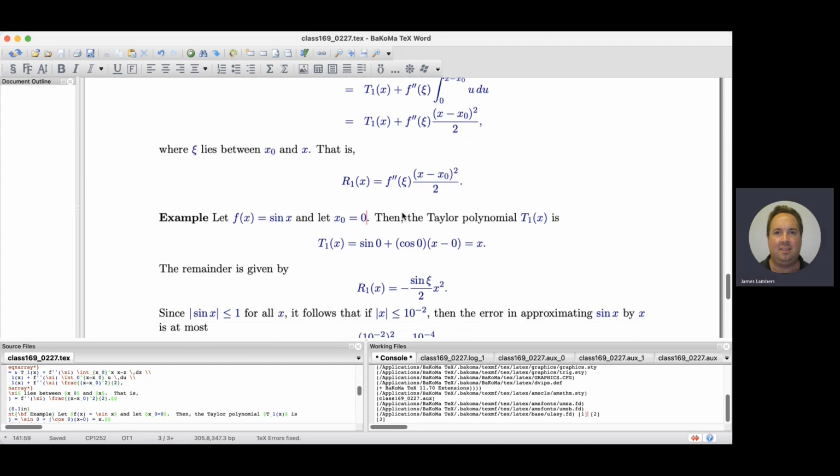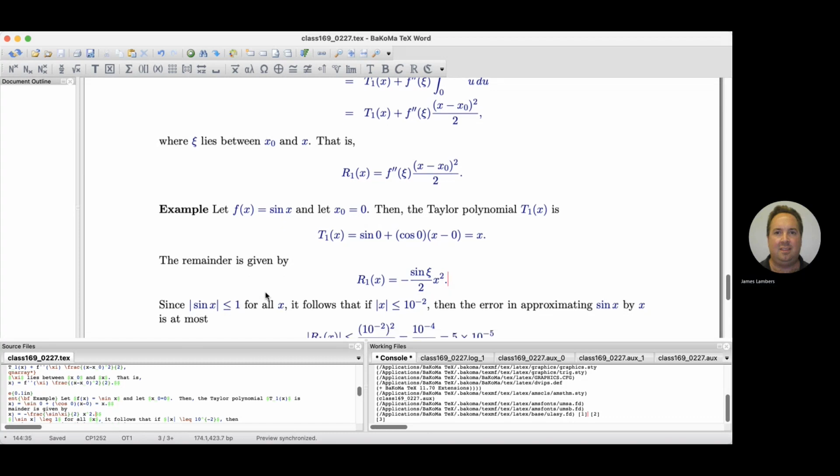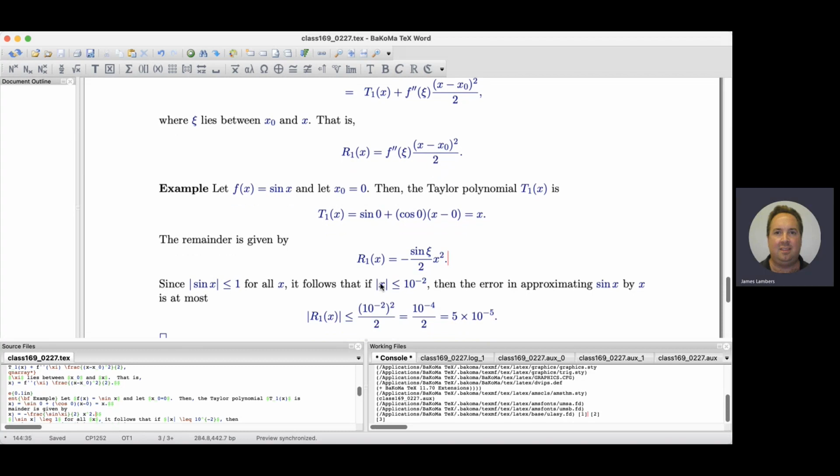So now the remainder would be the second derivative, which is minus sine of x, evaluated at an unknown point, over 2 times x minus x naught squared, so that would just be x squared. So this is our remainder. Now, sine is less than or equal to 1 in absolute value. So suppose x is less than 0.01 in magnitude.